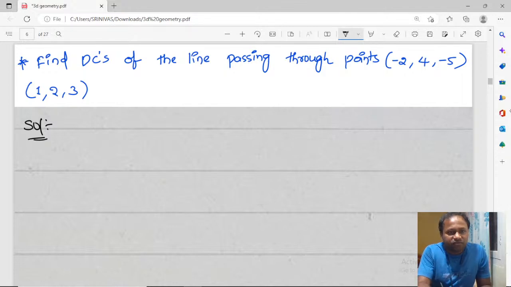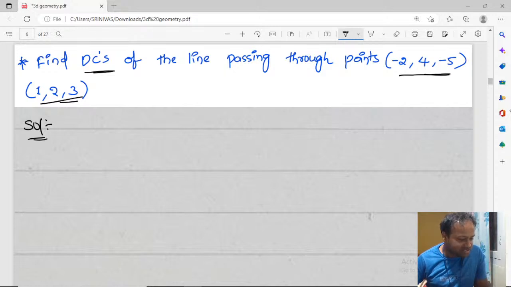See, find the direction cosines of the line passing through 2 points. Yes, I understood, Srishal. Okay. Right, next, what is the given question?